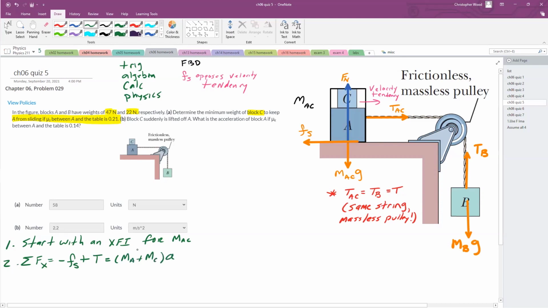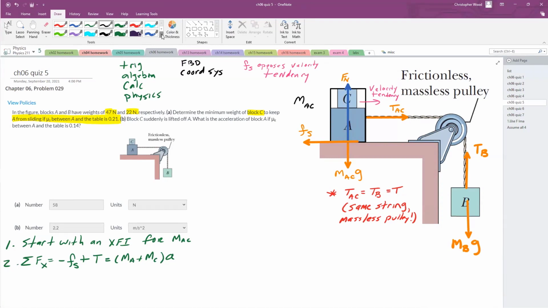And I can see what I have to do right now. I actually have to worry about the coordinate system. So back to my recipe. I have the free body diagram, which is done. I have the coordinate system. And now, do I know the direction of acceleration? Yes, for sure I do.